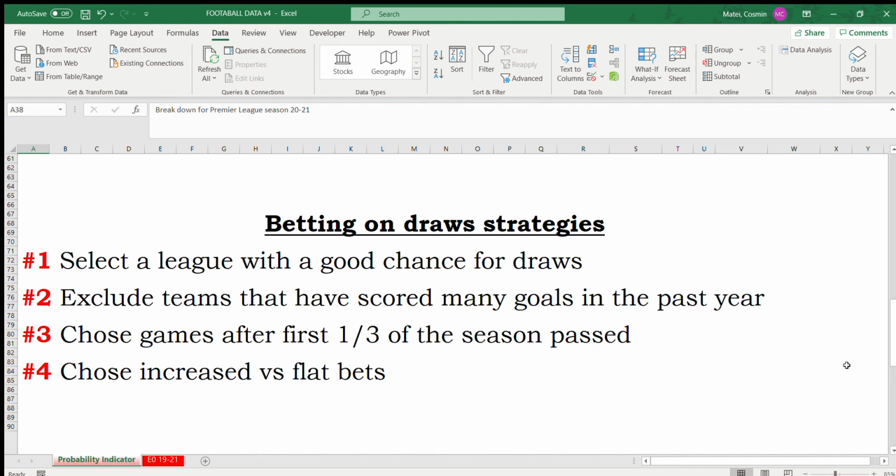And don't forget, if you're using a strategy for betting on draws, you can choose between increased versus flat bets. A flat bet means that you bet, let's say, €100 on every draw or every match. And an increased bet means that you increase your stake if you have a loss.